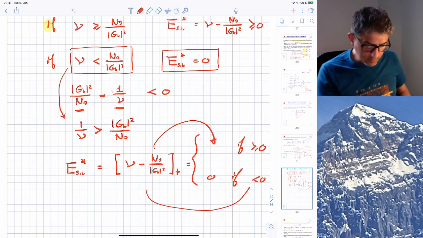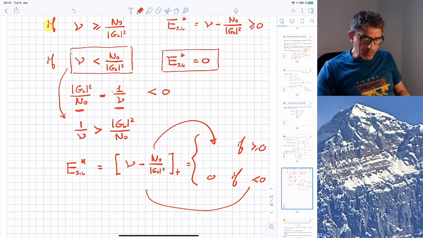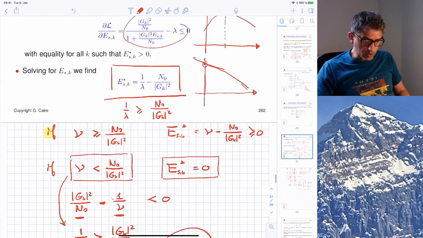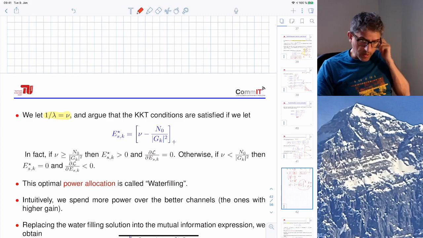And the positive part is like the truncation at 0 of what's inside. So that's our solution. After discussing the boundary, E_k star is simply the positive part of the difference nu minus n0 divided by g_k squared.